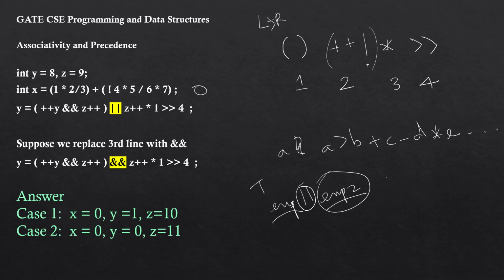So expression 2 doesn't get evaluated. So let's look at that expression. In the expression we're seeing this OR operator. So if this becomes true, then we don't need to evaluate this. So let's check.